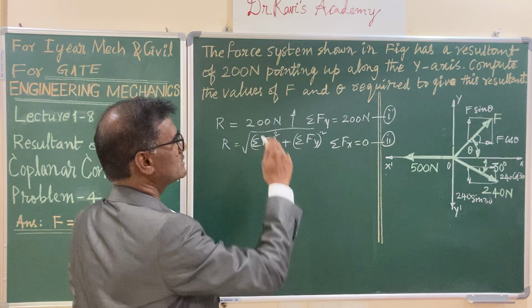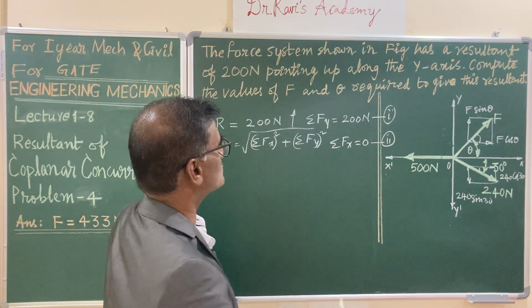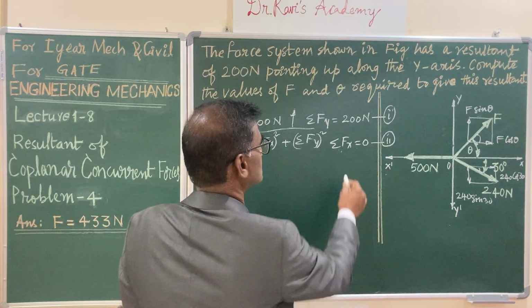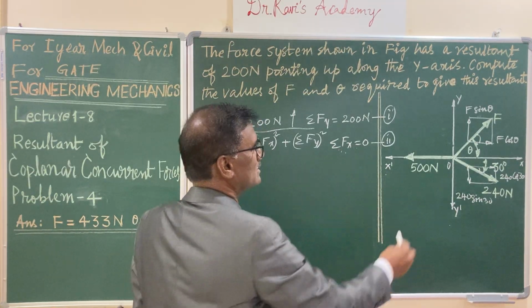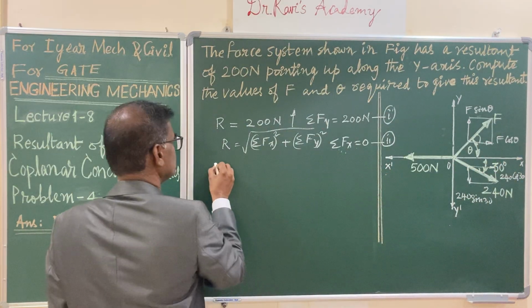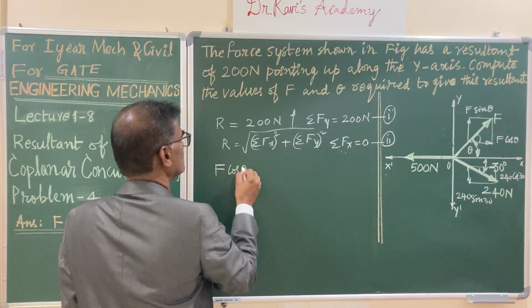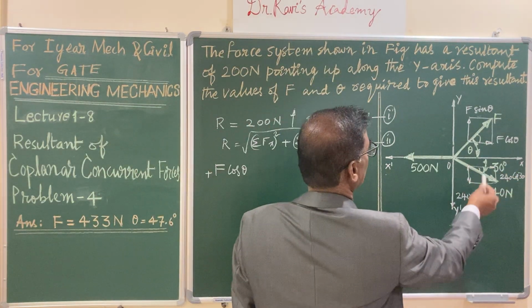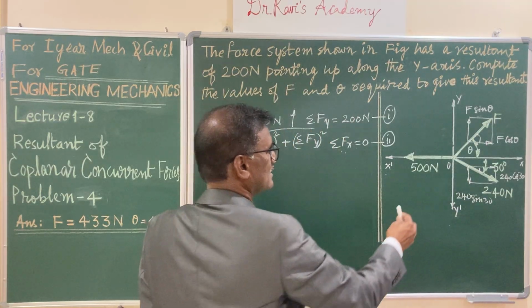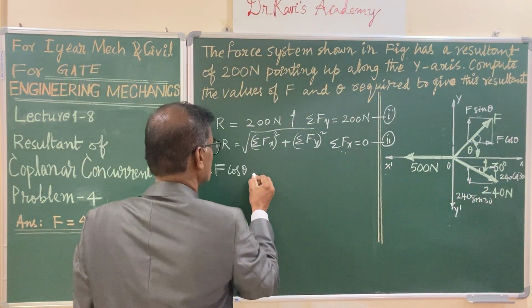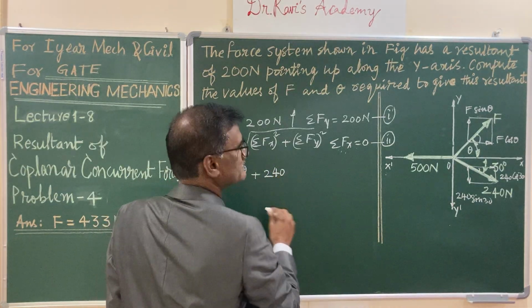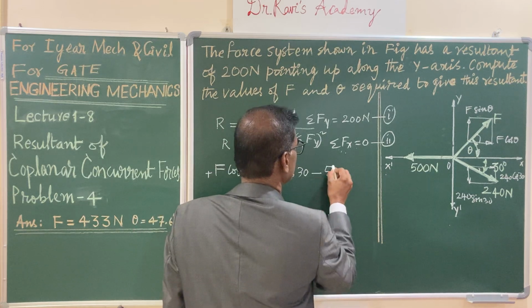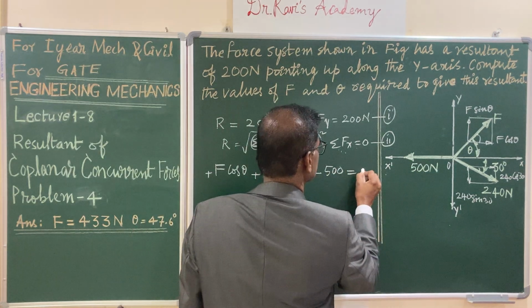Now let us make use of these two equations: sigma Fy is 200 newtons and sigma Fx is 0. Let us write sigma Fx equals 0, that is equation 2. Here F cos theta is positive, pointing in the positive x direction, and the other force is positive 240 cos 30 degrees, and minus 500, as the force is pointing in x prime, equals 0.